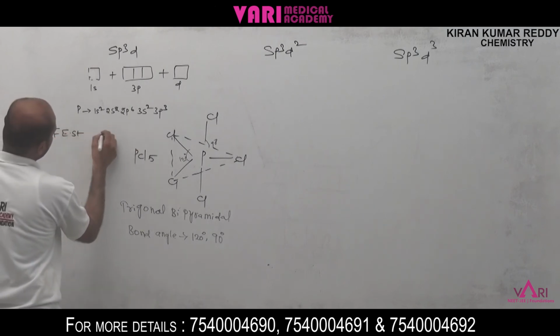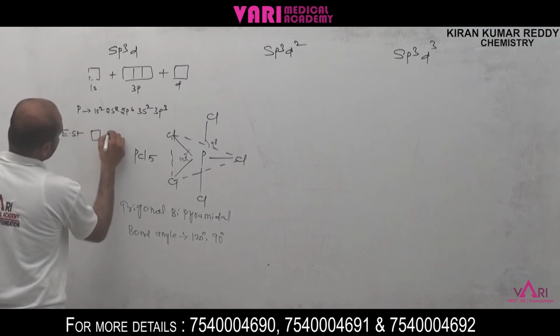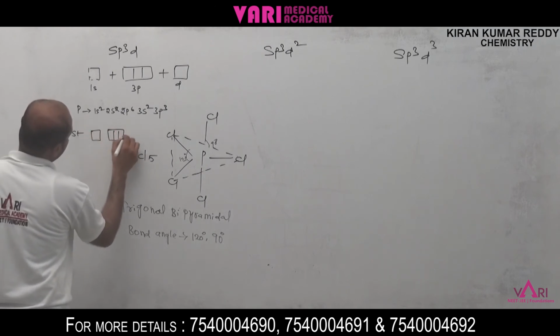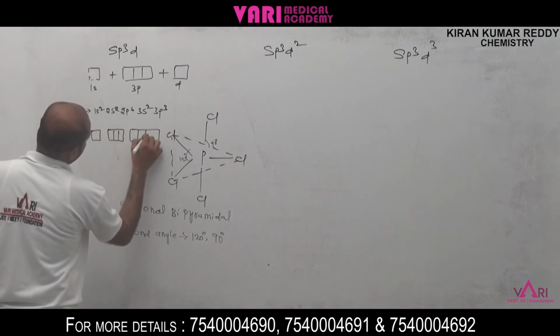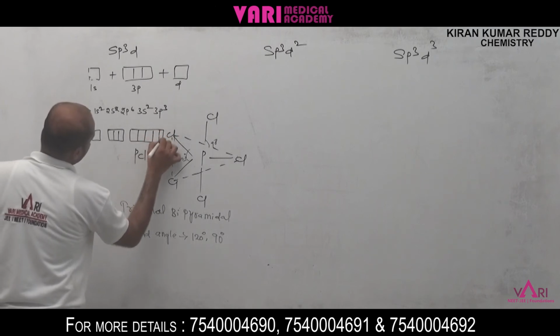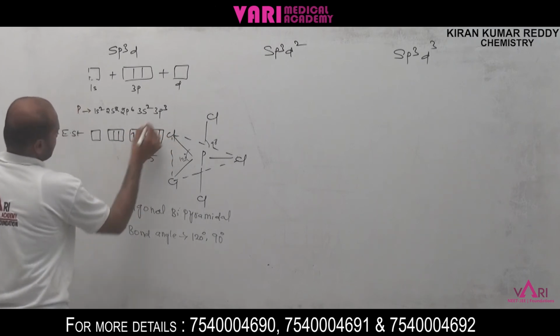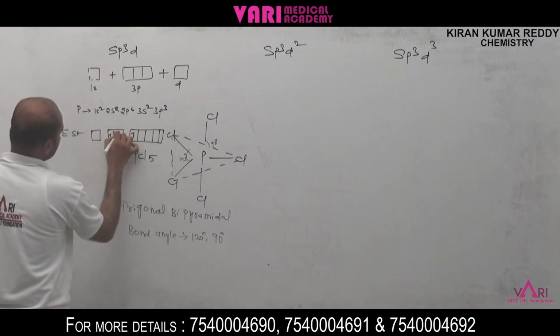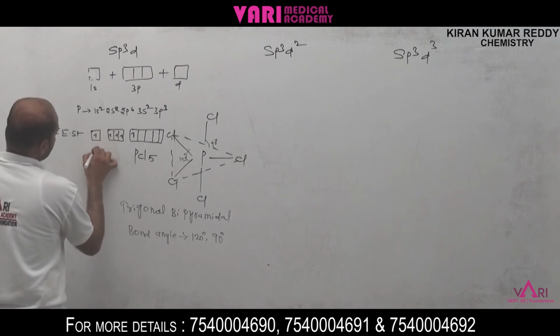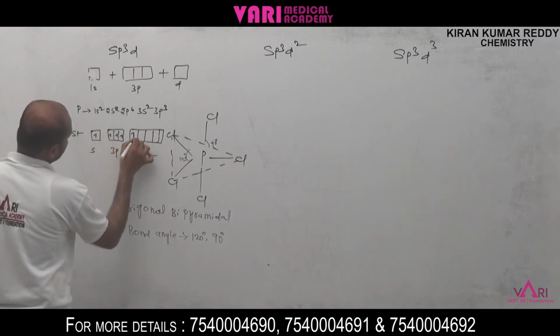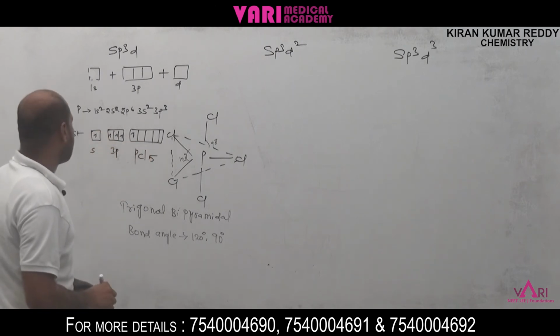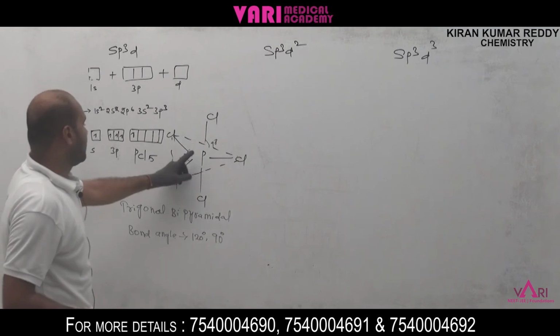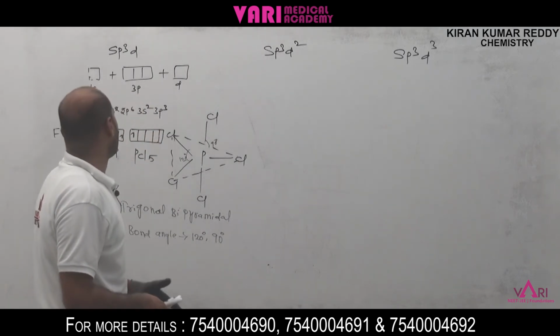Here is the d orbital, and this is one s orbital, three p orbitals, one d orbital. They are intermixing to form sp3d, and this is trigonal bipyramidal.